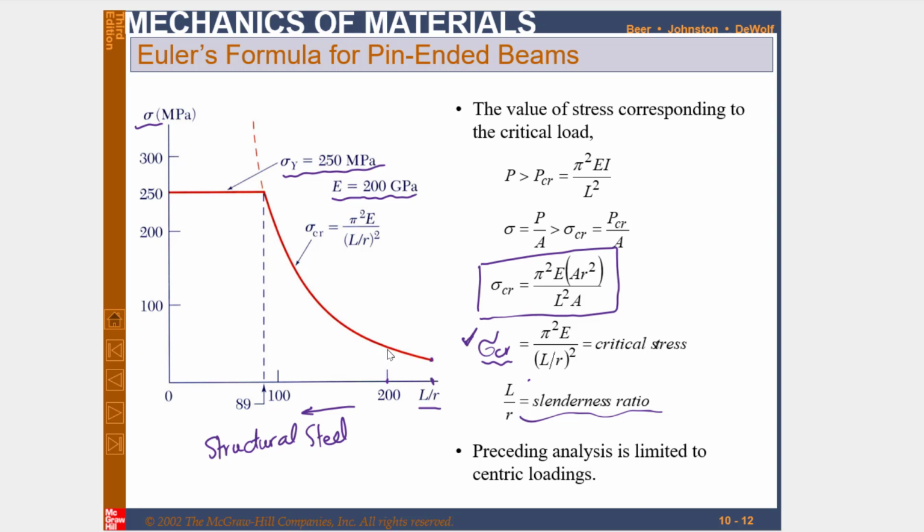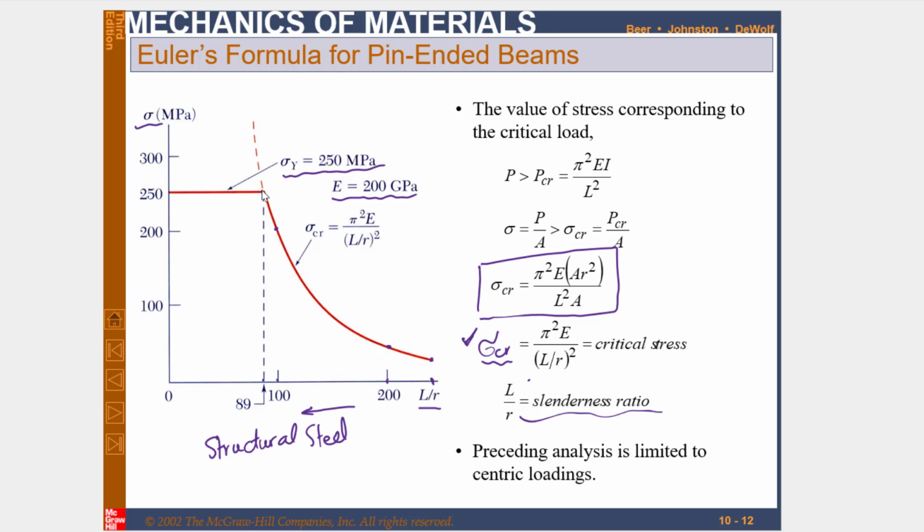At 200 L over R, your corresponding stress will be this one. Similarly at 100 it will be like this. Now if you further reduce the slenderness ratio from 100 to 89, you can see that the stress is increasing. Clear?